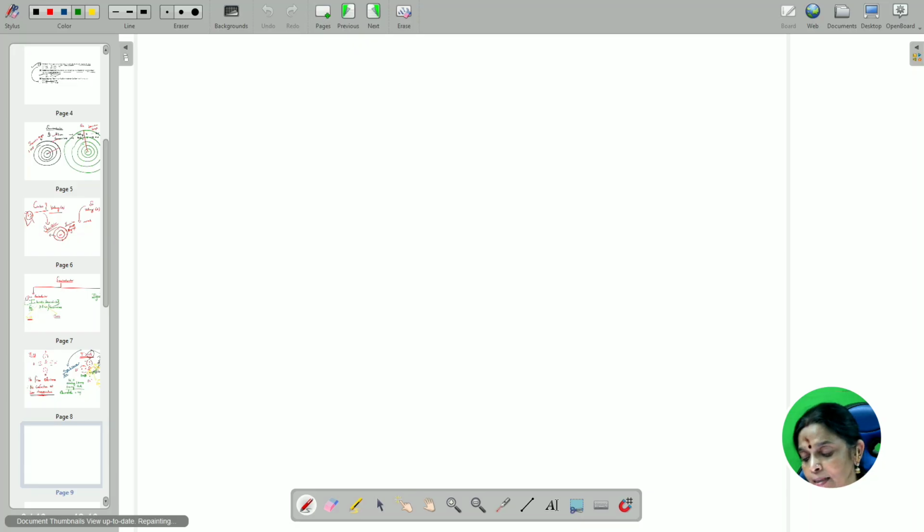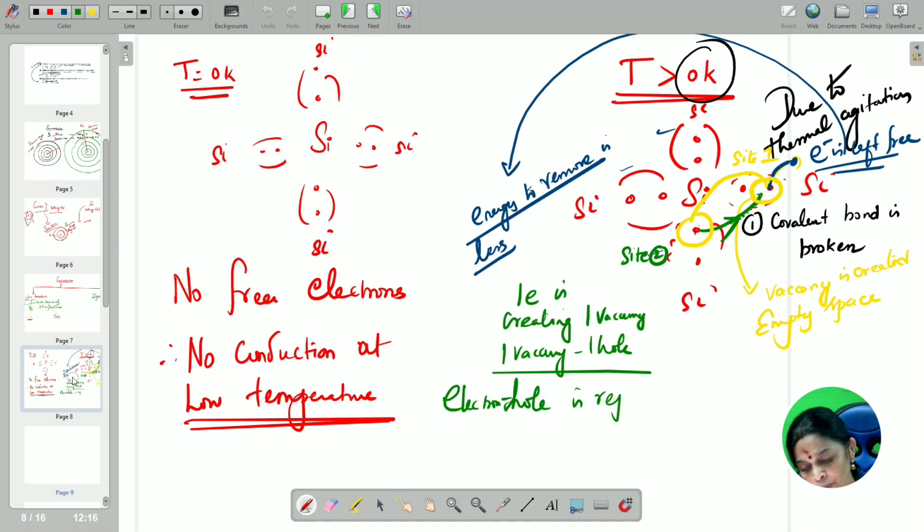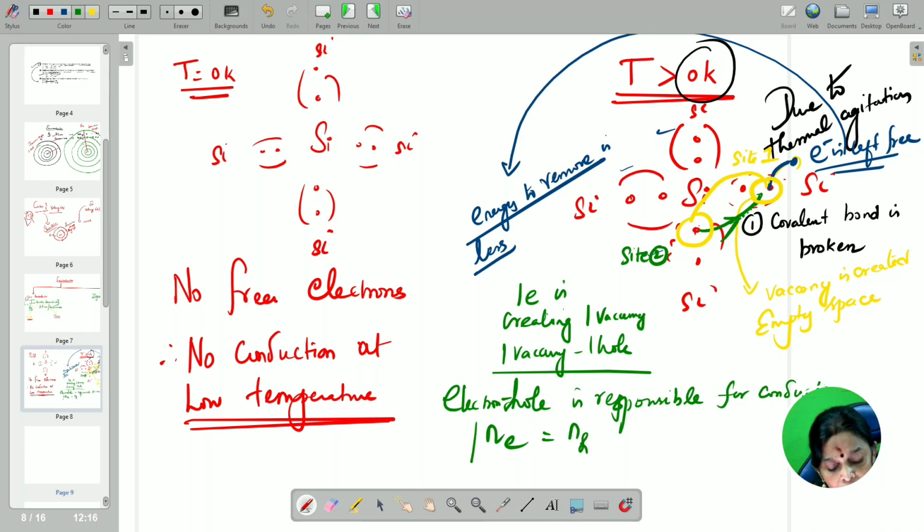How do you say it is responsible for conduction? Because the knocked out electron is producing a vacancy, that is called a hole. The hole apparently moves from one site to another, so electron and hole are responsible for conduction. So, therefore you can say the number of electrons per unit volume, that is number density, is equal to the number of holes created.